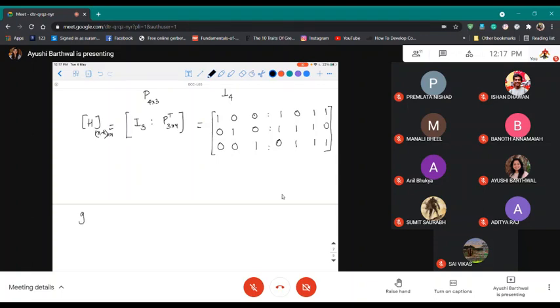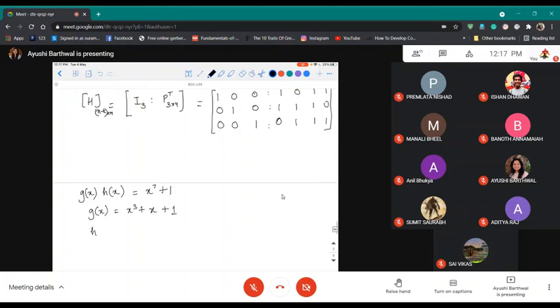Obtain, you have g(x) and x raised to the power n, which is x^7 plus 1. You have g(x) as x cube plus x plus 1. Find h(x) first, and then use the above method.